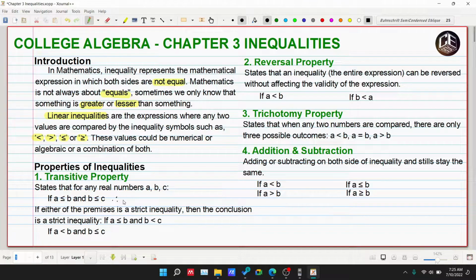So, ibig sabihin, ating C is greater than or equivalent to A. Kasi tingnan nyo, yung ating C is mas malaki daw sa B. And alam natin na ang ating B naman daw ay mas malaki sa A. So, ibig sabihin, alam natin na ang C is mas malaki sa A or equivalent to A. Kasi, meron siya ditong sign ng equivalent sign.